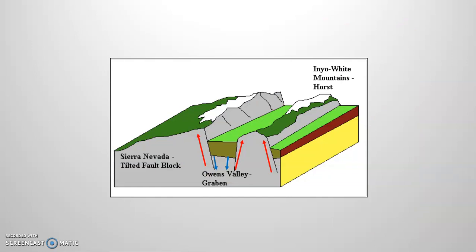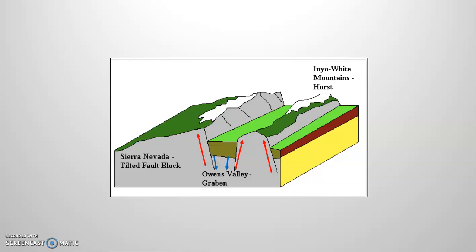It happens that the Sierra Nevadas and Owens Valley are also being moved around along normal faults. If you take a look, you can see the red arrows indicate the uplift. You can see the Inyo White Mountains are a horst. However, the Sierra Nevada is not a horst. It's a tilted fault block mountain, but it's only tilted on the eastern side indicated by the red arrow.